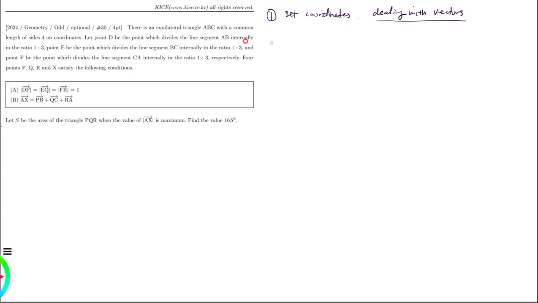Okay, so in this case we have an equilateral triangle whose common side length is 4. Let's say A, B, C here. It is an equilateral triangle.